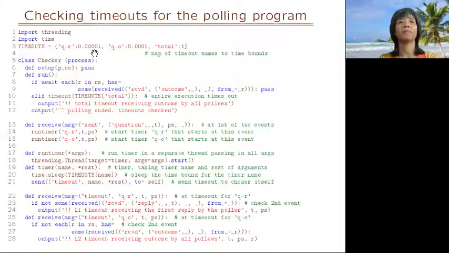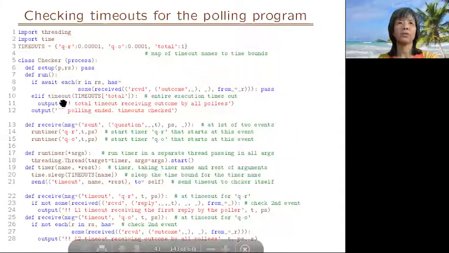This one is 0.1 millisecond, and this is from the question to the first reply. And this is from the question to the outcome. This is 0.1 millisecond. This is actually 0.01 millisecond, okay? And the total is 1 second, just how we set it up this time.